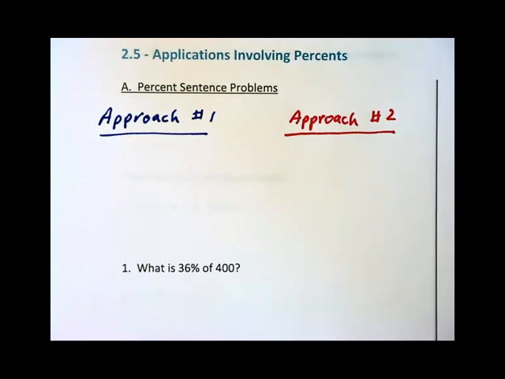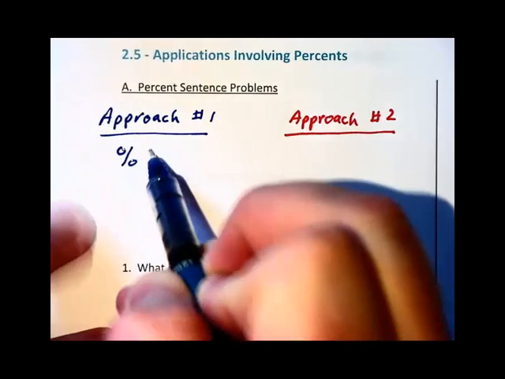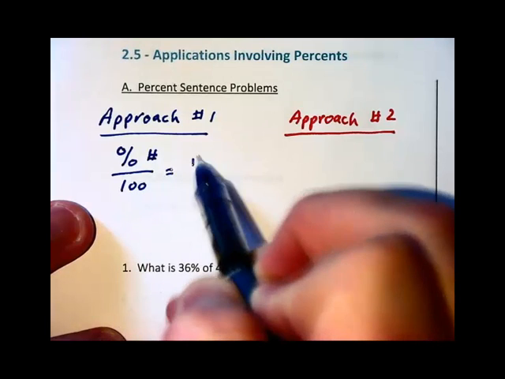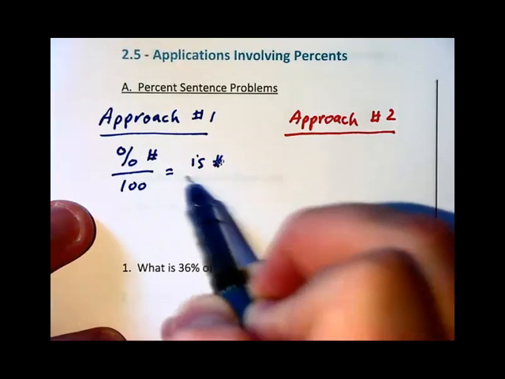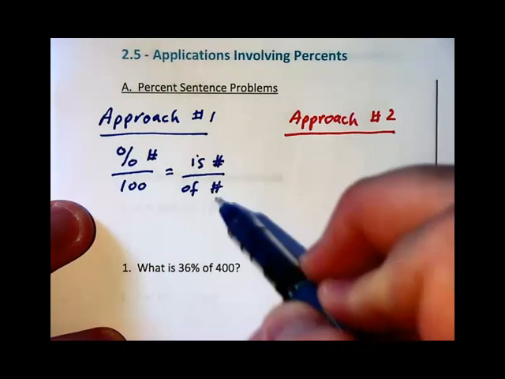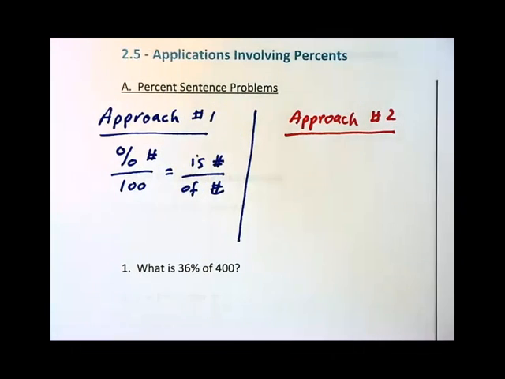With approach number one, I'm going to use a formula that says percent number over 100 is equal to the is number over the of number. I know that seems a little bit strange, but it will make sense once we start into the problems.